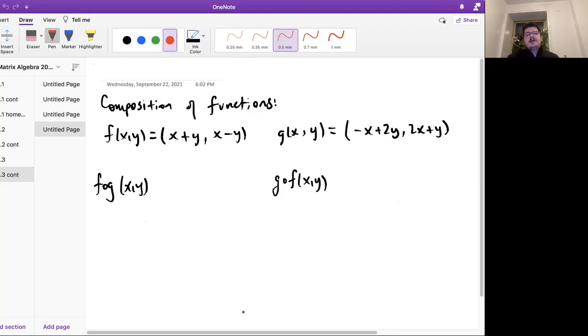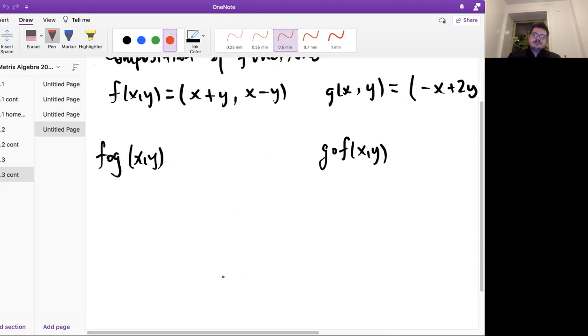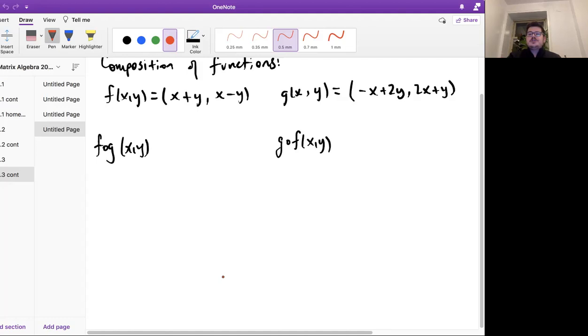Okay, so now let's talk about composing functions. So we do composition even with higher, more variable functions, just the same as we do it with lower variable. But we have 2 things to think about. We have an x and a y to worry about. So here are 2 functions here, f and g. And let's think about composing f of g and g of f.